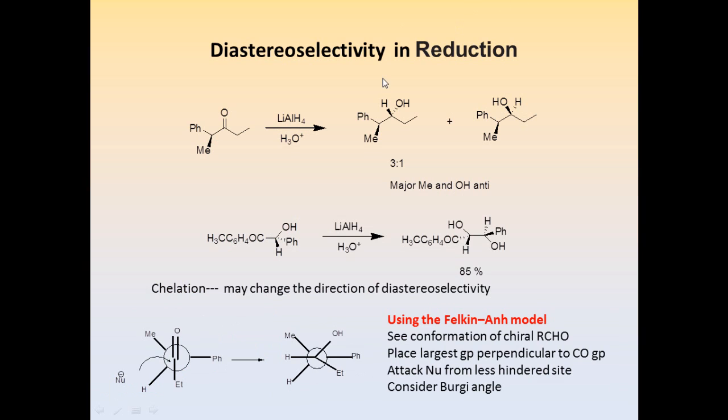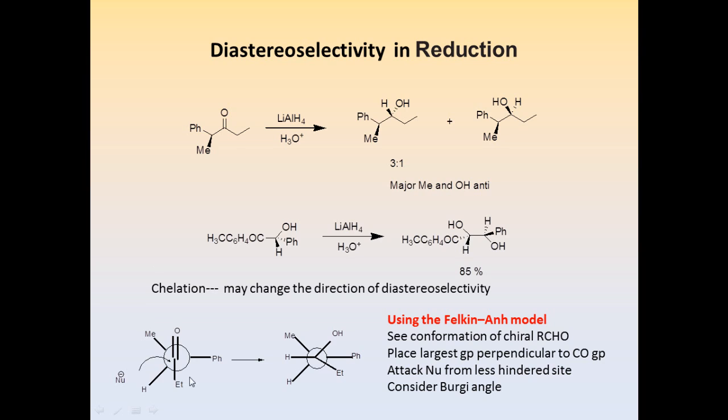So diastereoselectivity in reduction can also be achieved using LiAlH4. Chelation also affects the diastereoselectivity. You can use the Felkin-Anh model for this chiral aldehyde. This is a chiral aldehyde, and the methyl and OH anti give the major product. How does it give this?